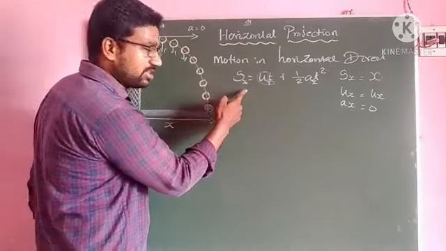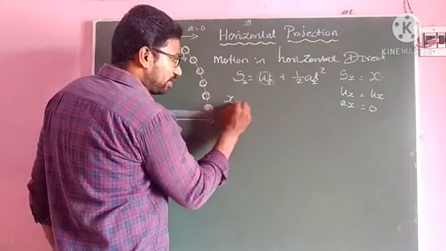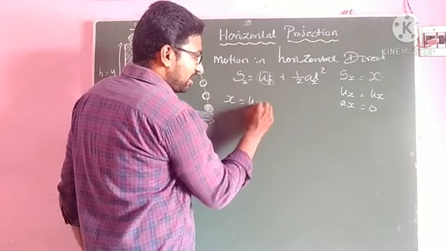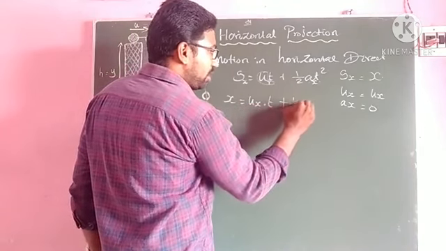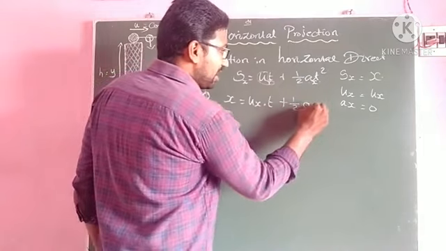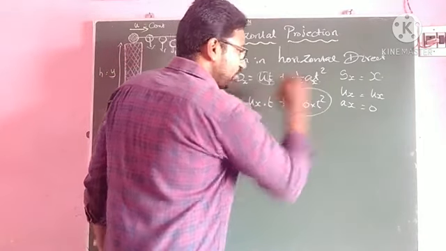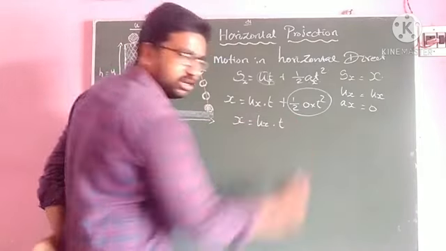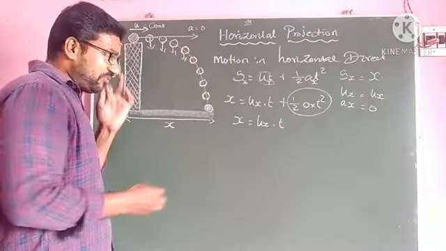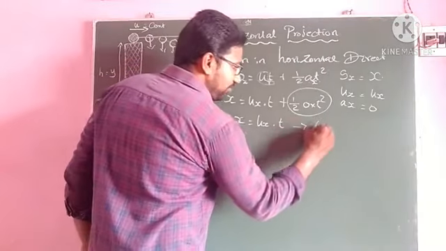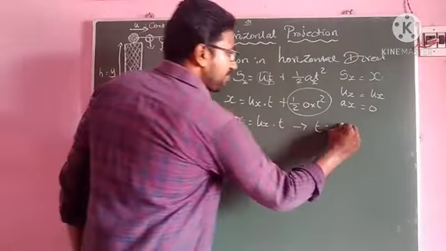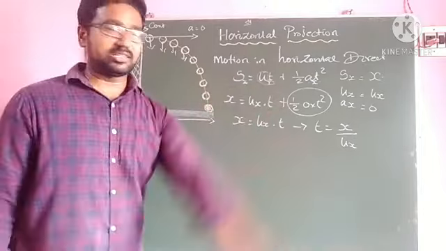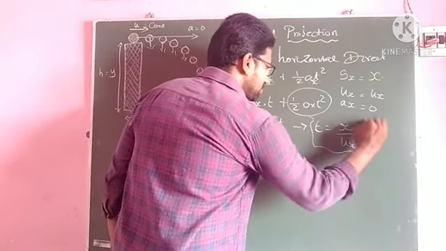Now substitute the values in the above equation: x is equal to ux into t plus half into 0 into t squared. 0 into anything is 0. So we get x is equal to ux into t. For simplification, the time t can be written as x divided by ux, that is, displacement divided by horizontal velocity, for future purposes.